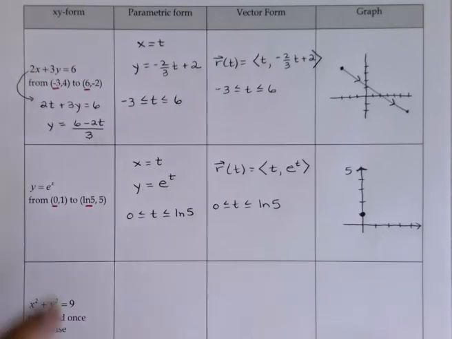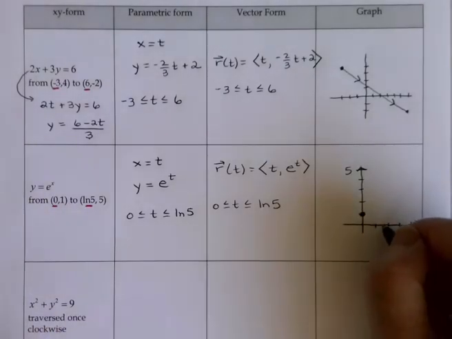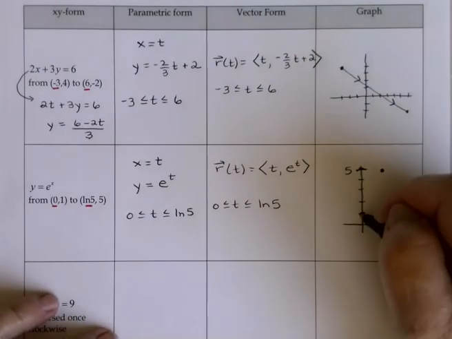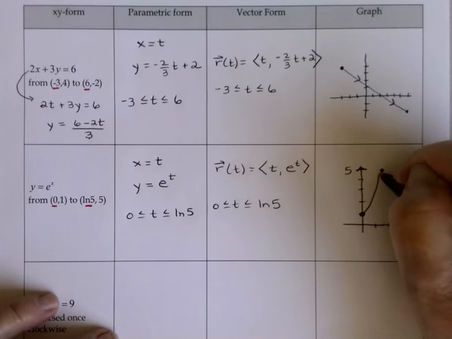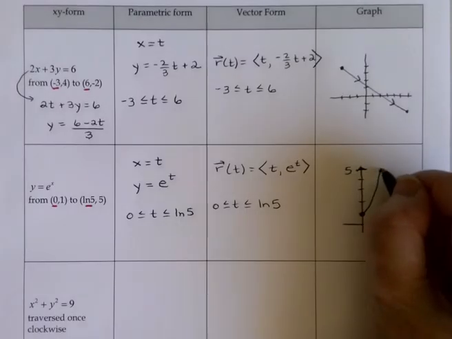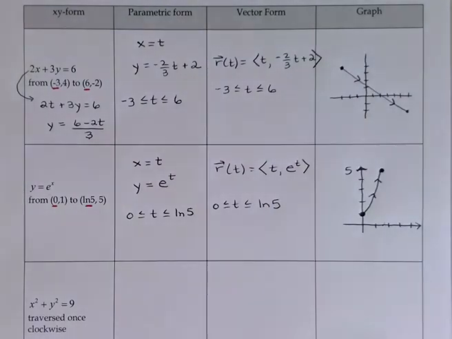It's about 1.6. So around here we would end. And then I'm just going to show the usual exponential growth curve in between there. Again, directed from the starting point to the ending point.